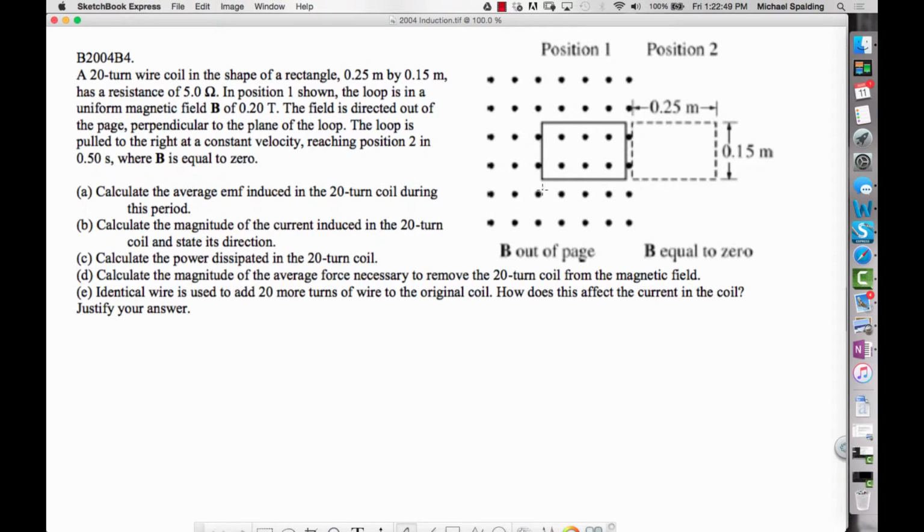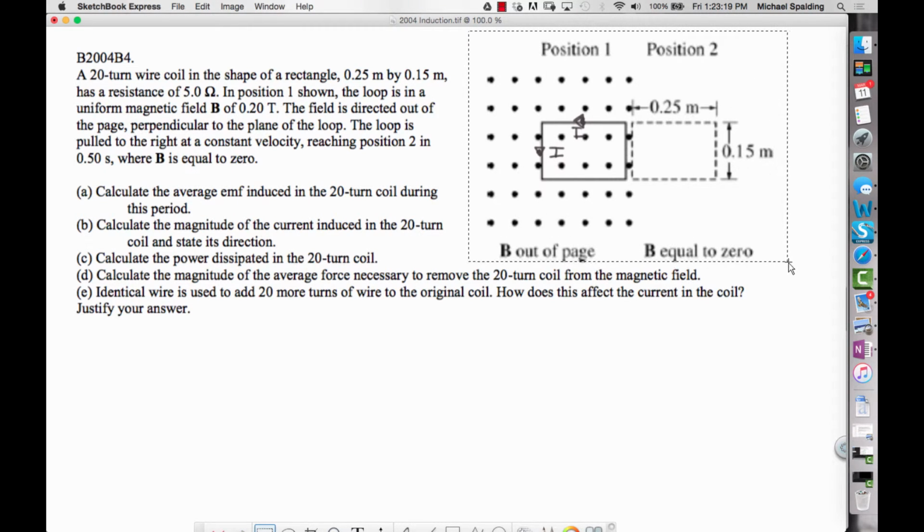Okay, now if you think about what's happening here, as this loop gets pulled out of this region of magnetic field, we know that the current is going to be counterclockwise. So I'm going to label the current on here. So current is going around like this. Which way is the force of the magnetic field going to be on this part of the loop, right here? So how do we figure out the direction of the force of the magnetic field?